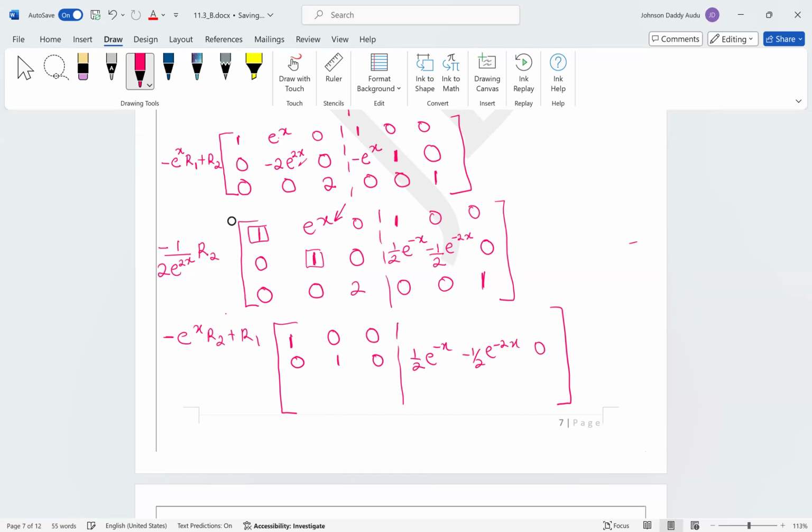Right. So now you multiply this minus e^x times this, and it will go. So you just have half, but with a minus. So I think it's just minus half plus 1, which is half. The same way, this times this, the minus will go, and you have e to the power minus x.